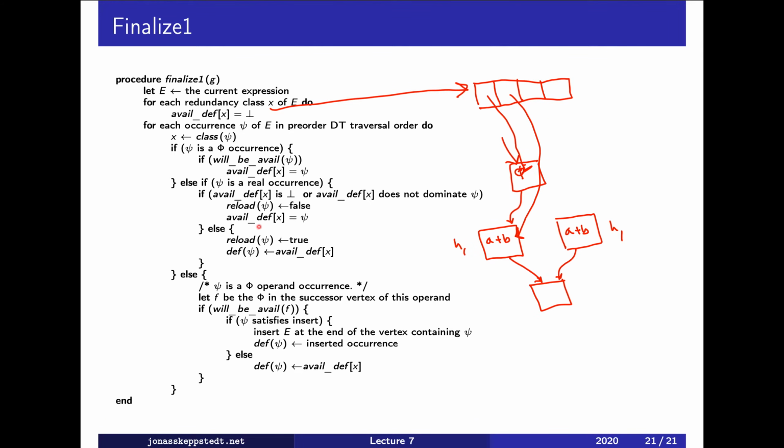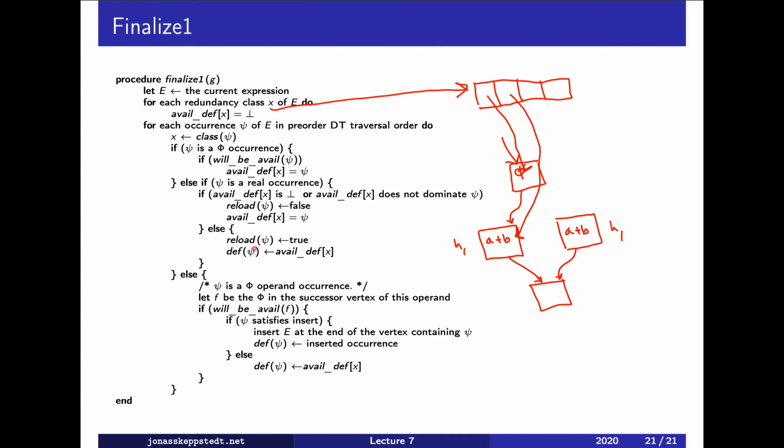So if we cannot optimize away the current real occurrence, then we say reload is false, which means we will evaluate it, and then we say this is the occurrence which defines this version of h.